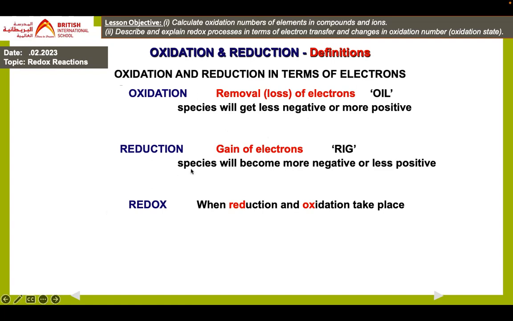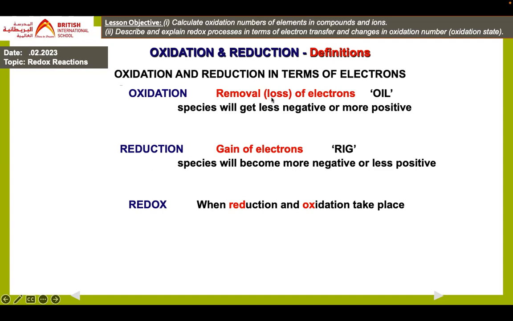Forget about this line, it will confuse you a lot. We don't need it. Just remember one thing: oxidation is loss of electrons. You don't have to go into this much detail about something becoming more positive or more negative, because we have already discussed oxidation state: increasing oxidation state is oxidation, decreasing oxidation state is reduction.